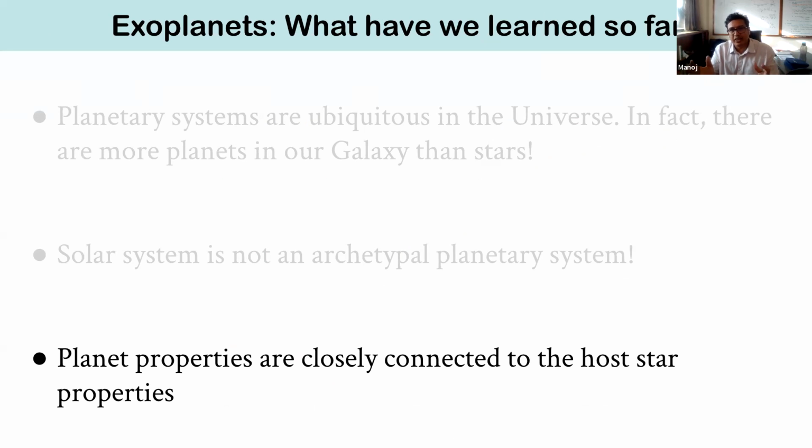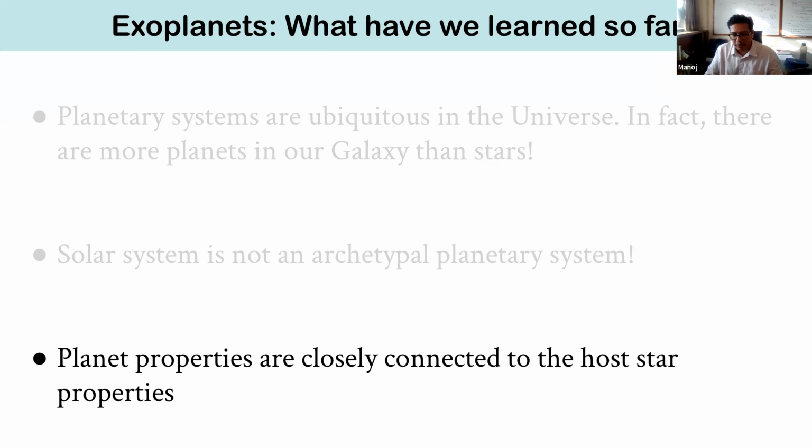The third general thing that we learned is that the planet properties are closely connected to the host star properties. Now, what am I talking about? The observed planet properties are mainly radius, mass, and orbital period. The host star properties, typically observed, are the spectral type or effective temperature of the star, the metallicity of the star, which I'll explain, and the age of the star.